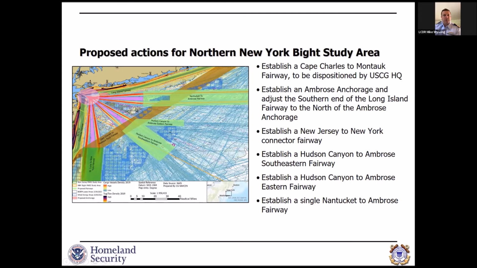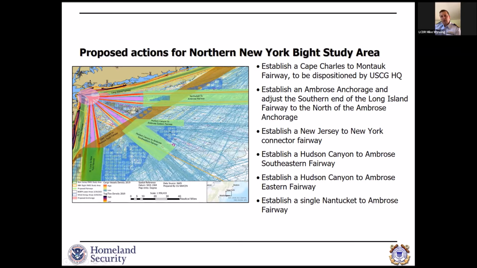It's difficult to see in this graphic, but the fairway is a sort of panhandle geometry where it extends to the north of that anchorage. So the traffic separation scheme is to the south, then the anchorage, then the fairway to the north, which in our traffic analysis was found to represent current day operations. As Captain Kallgren mentioned, we concur and recommend establishing a New Jersey to New York connector fairway along the coast of New Jersey.